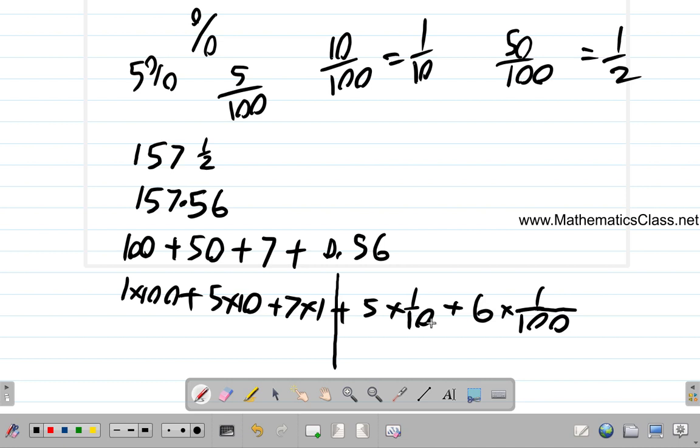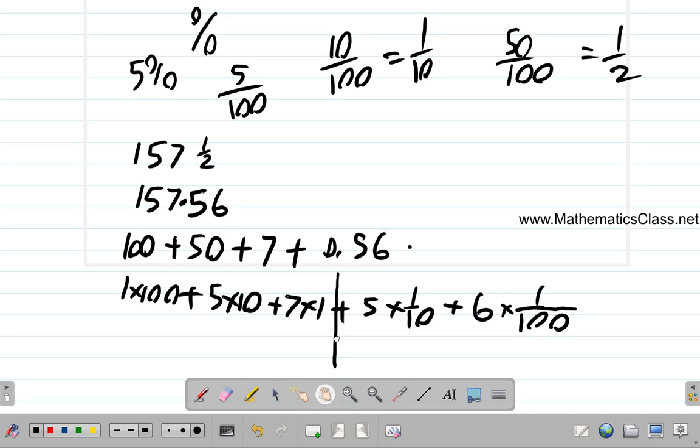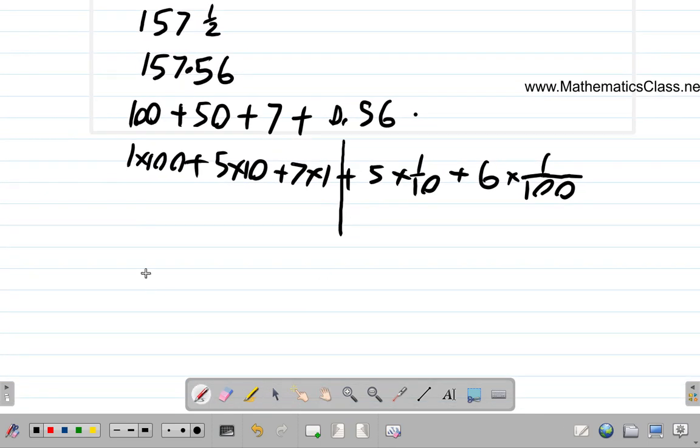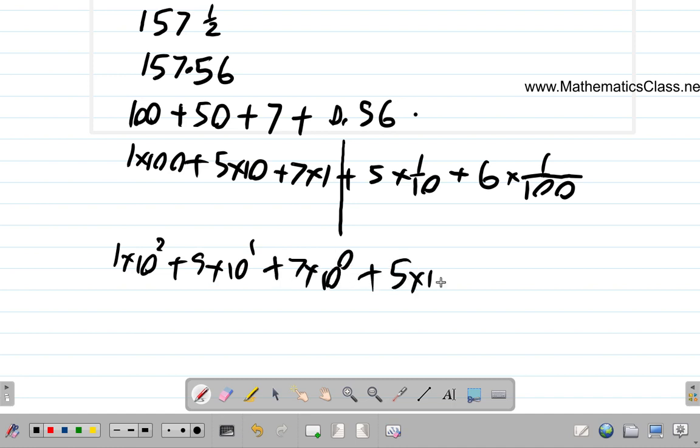So 5 times 1/10, 6 times 1/100th. Now, of course, you can rewrite this, if you're familiar with your indices, as 1 times 10 squared plus 5 times 10 to the 1 plus 7 times 10 to the 0 plus 5 times 10 to the negative 1 plus 6 times 10 to the negative 2, right? So this, they call this the decimal point, right?